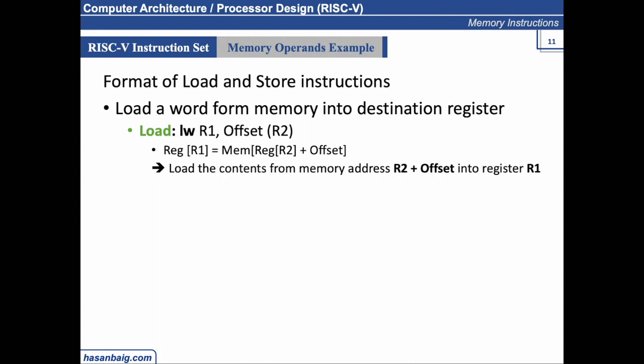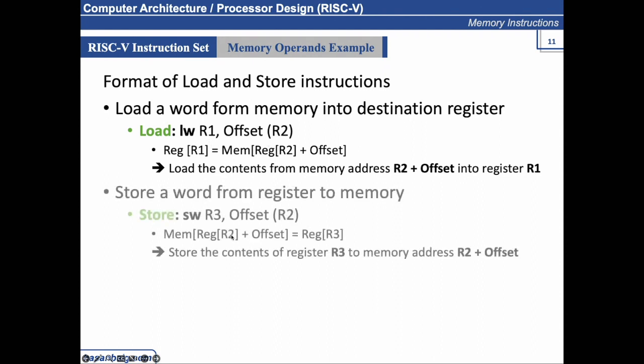Here also there are source registers: one represents the base address plus the 12-bit immediate offset. When we add them together, the data is stored in R1, the destination register.